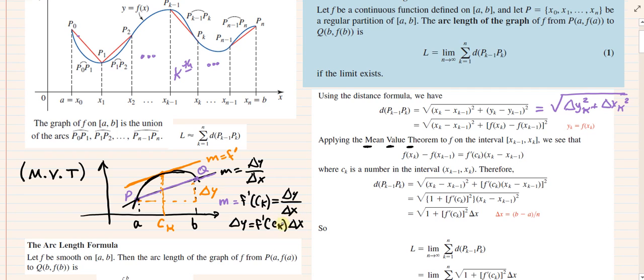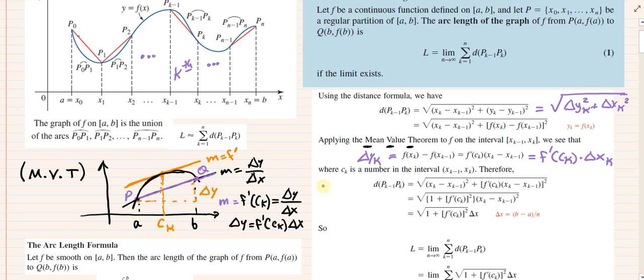And the next step is to solve for delta y. So we can write delta y as f prime times delta x, right? And that is indeed what's going to happen here. So this is in fact your f prime at c sub k times delta x sub k, and what's to the left is indeed delta y sub k. Which is again precisely that expression. So hopefully that's cleared for you.